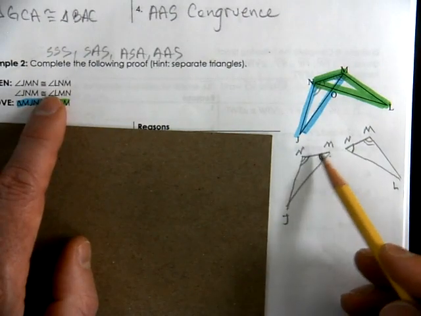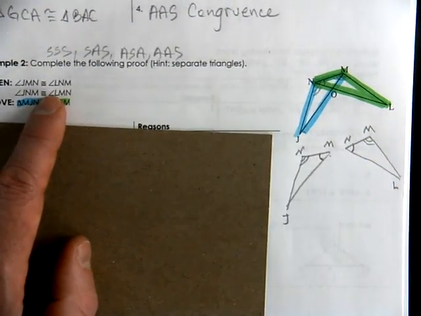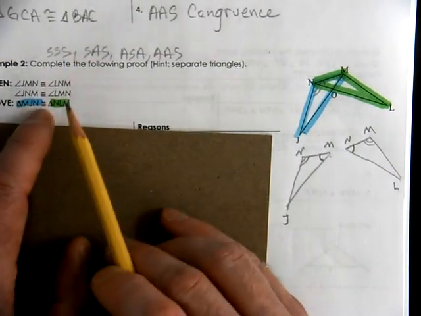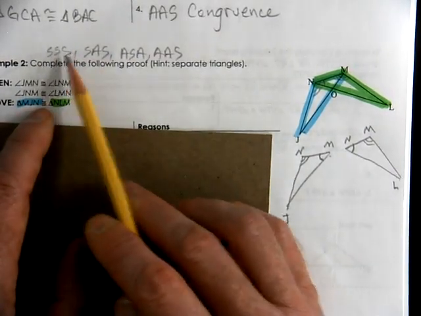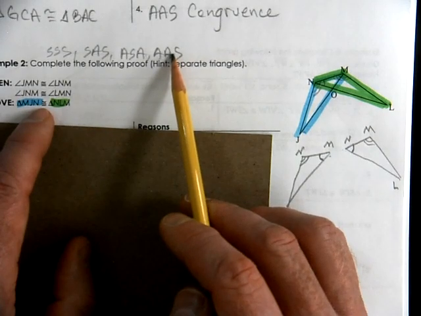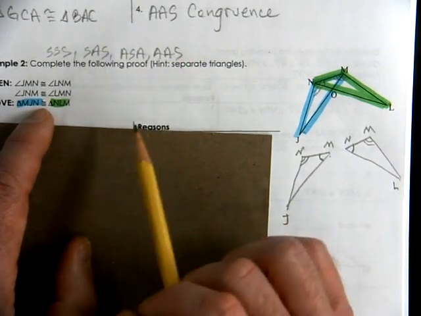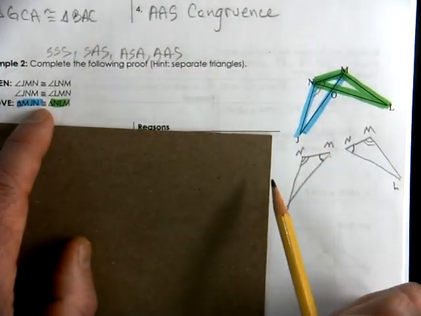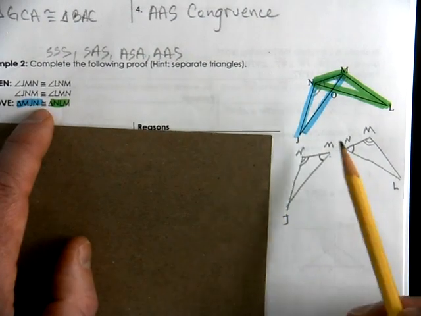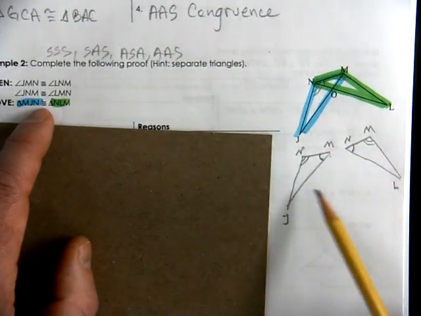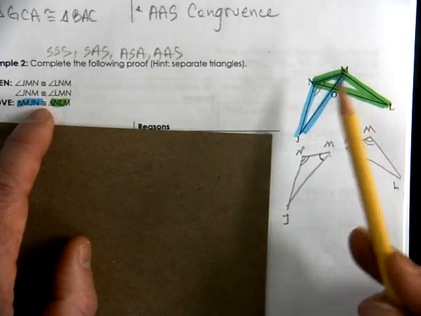Well, I have 2 angles in one triangle and 2 angles in another. So that's 2 bits of information. To prove triangles congruent, I need to have 3 bits of information. What's the other bit that I know for sure? It might be difficult to see when they're separated, but it's much easier to see when they're put together.